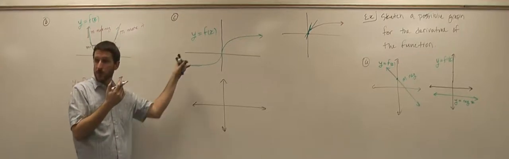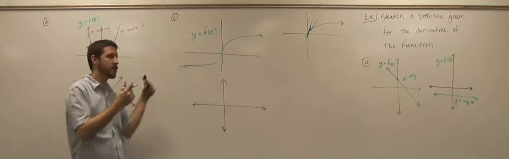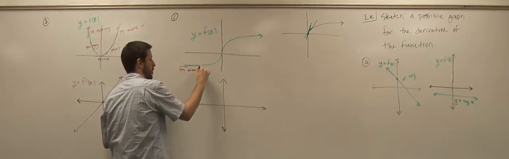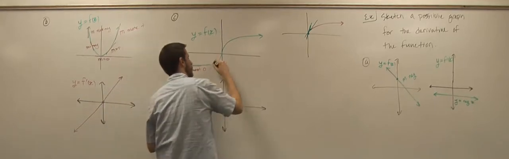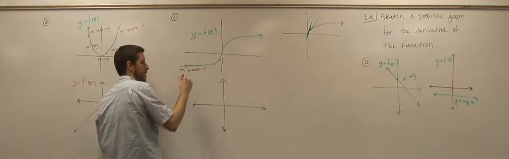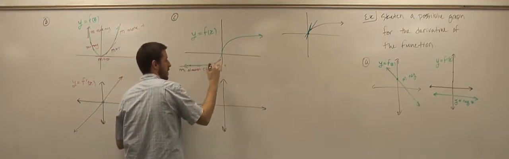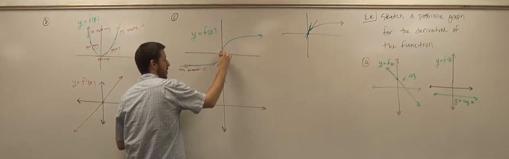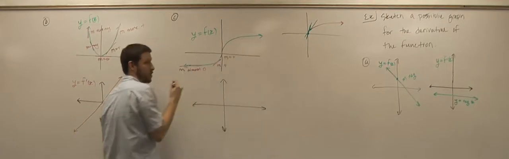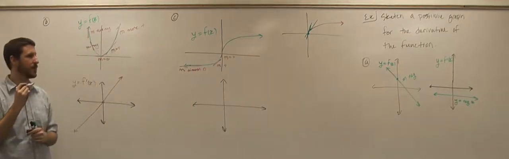Almost 0, right? Because I almost have a horizontal tangent line as I get further and further out. So m over here is almost 0. But as I get closer in, it's getting more positive. And as I get even closer to 0, it's getting more steep. Put 2 plus signs: more positive.